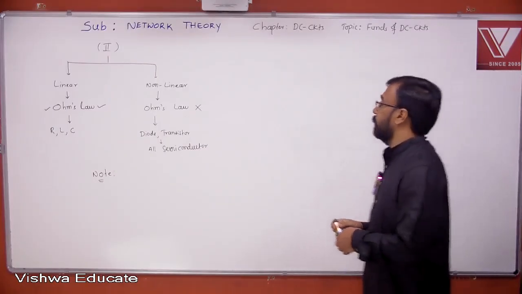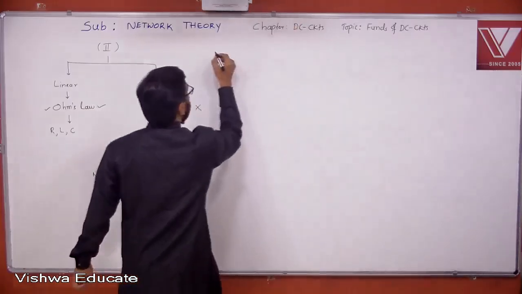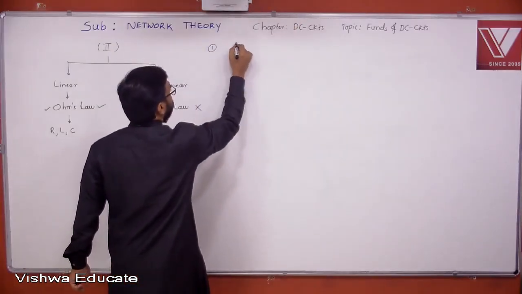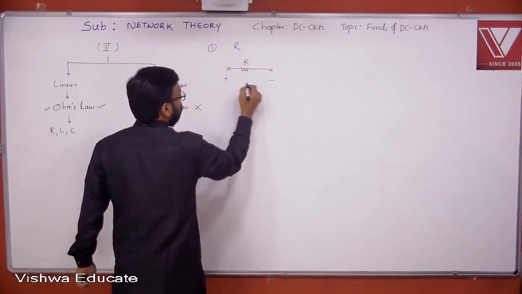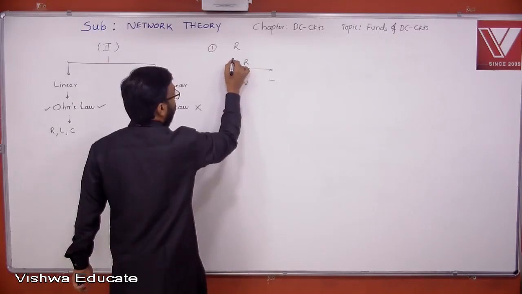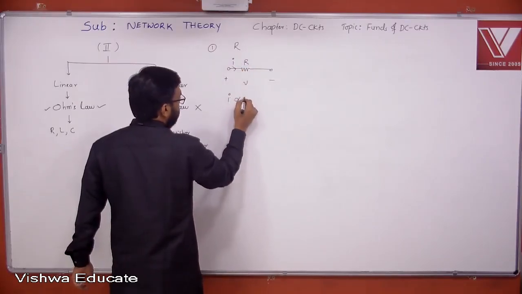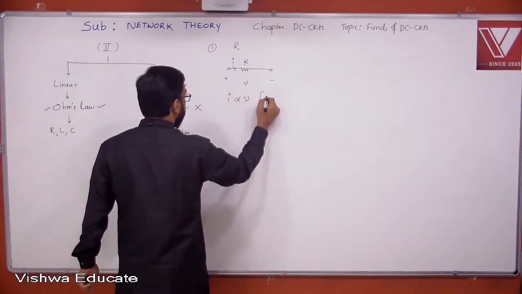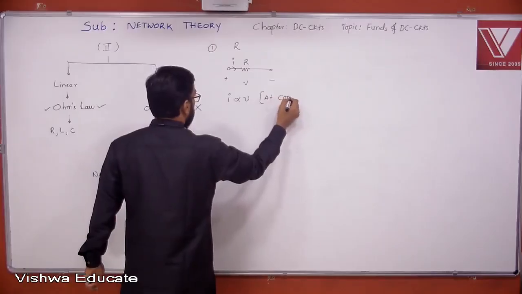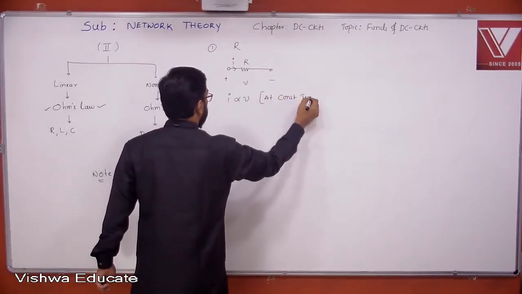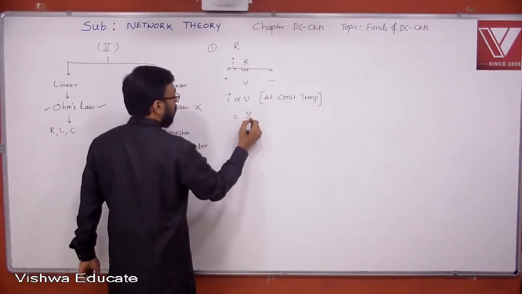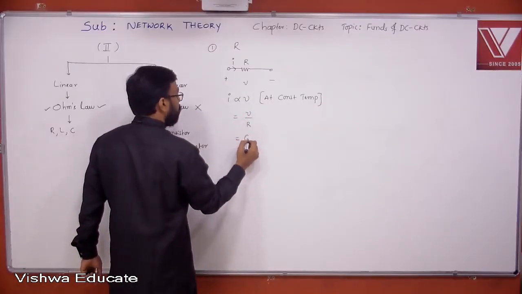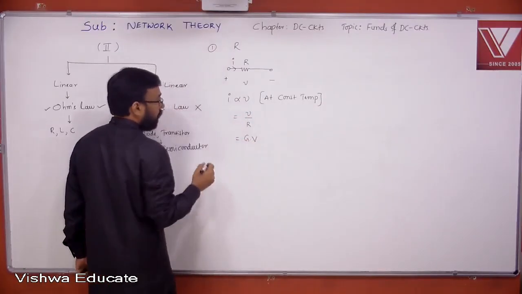Now, let us look at the first one, resistor. V and I. We know that I is directly proportional to V at a constant temperature. I is equal to V by R or G into V. This is Ohm's law.